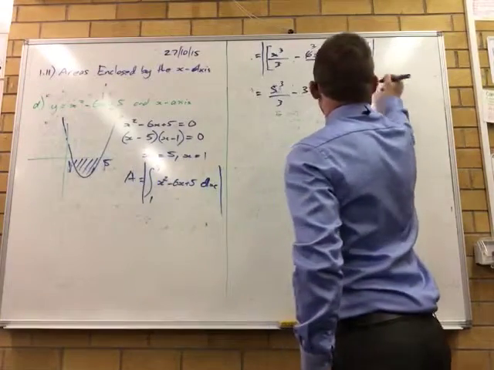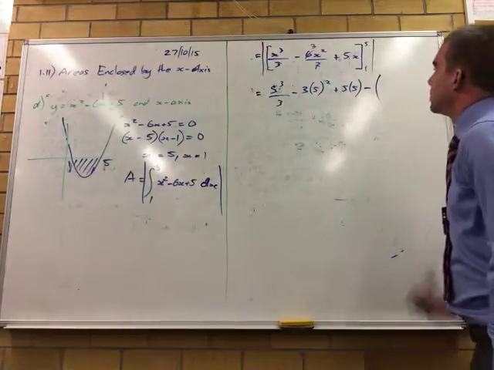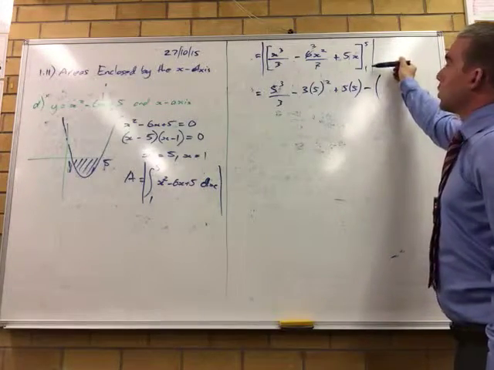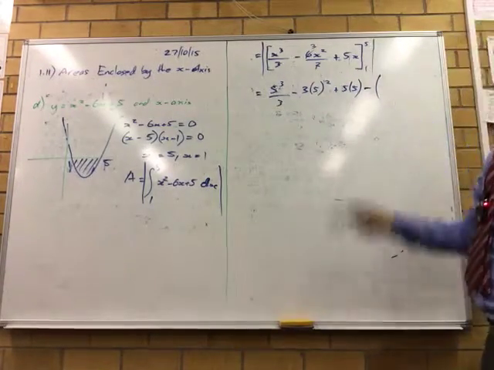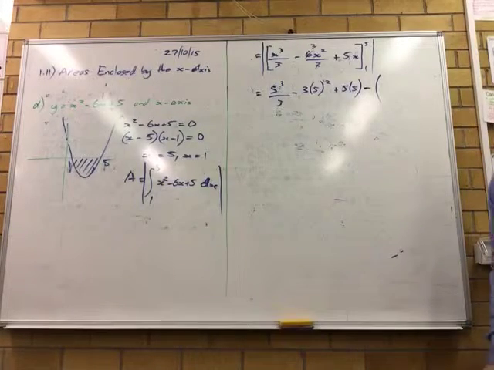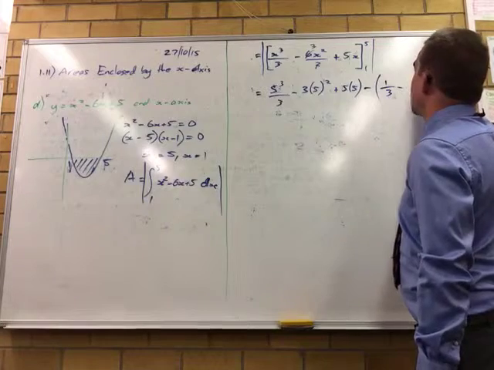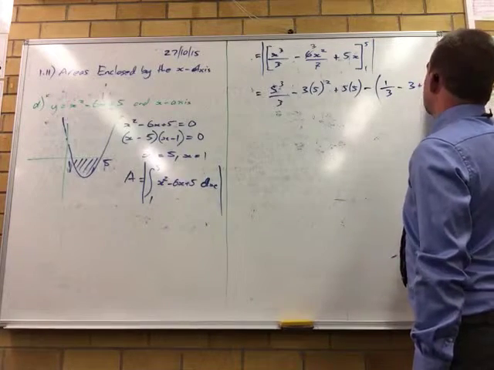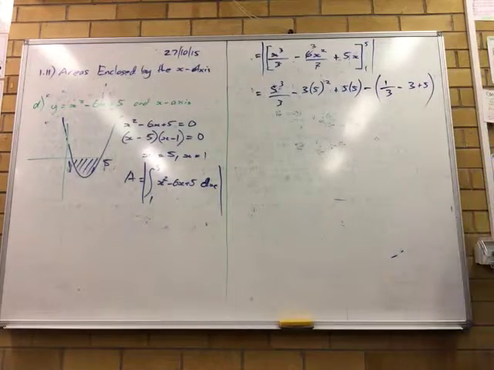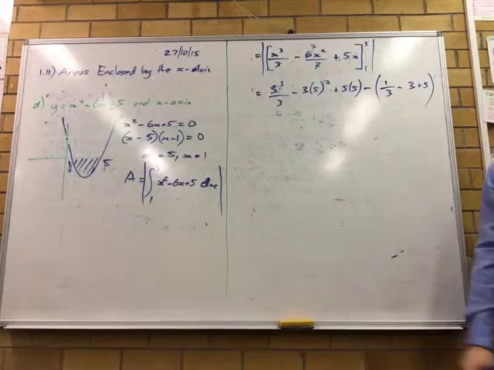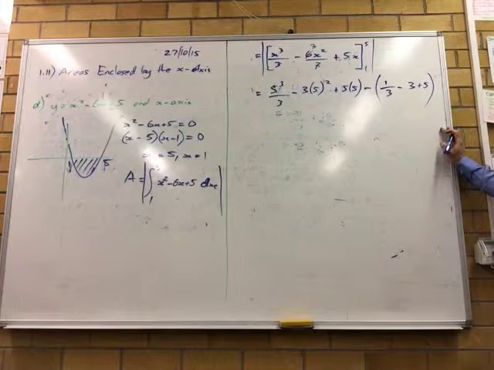Then take away, open bracket, and I know that it's 1, so I don't need to write 1 squared, 1 cubed. I can just put 1 in there. So a third, take away 3, plus 5. I don't have to be nitpicking every little bit. You can if you want, you don't need to.